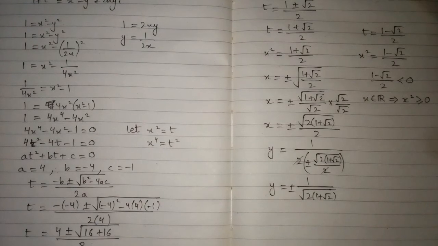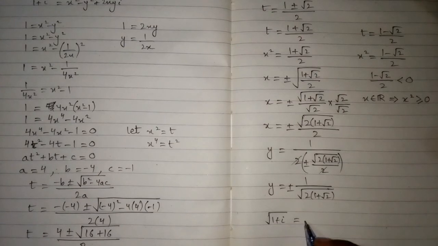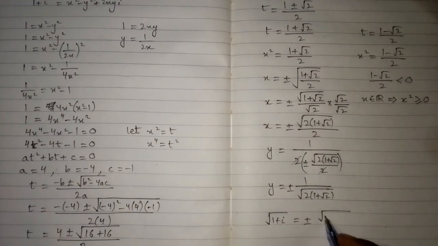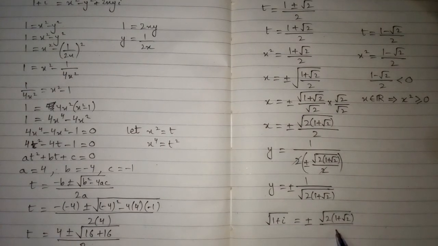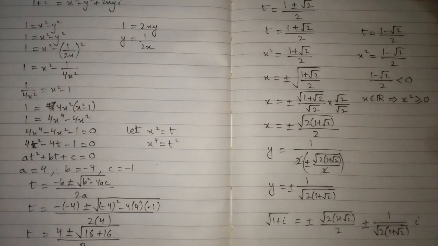So the square root of 1 plus iota is plus minus the value of x, which is square root of 2 times 1 plus under root 2 upon 2. Then plus minus, we will put the value of y, which is 1 upon under root 2 times 1 plus under root 2 iota. So this is the square root of 1 plus iota.